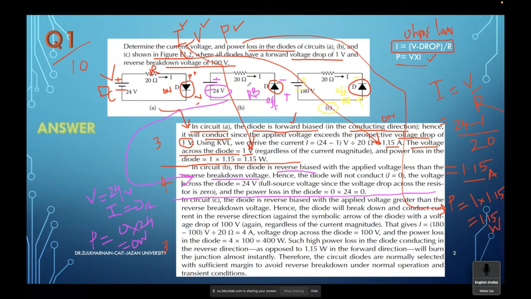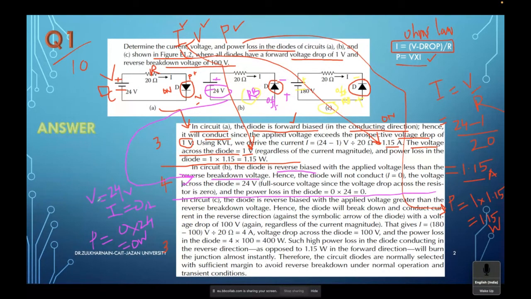But remember, in the first case, when the diode is reverse biased, it has a voltage equal to 24 volts, and 24 volts is less than the 100 volts breakdown voltage. That's why the same voltage will come here.